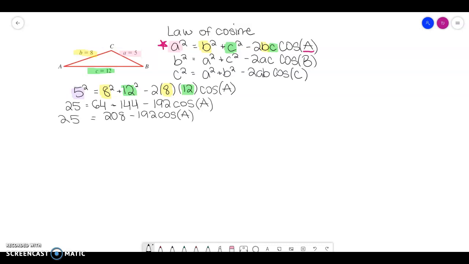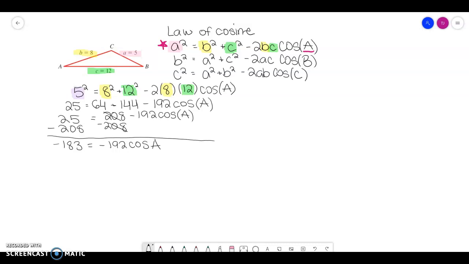If I want to get that 192 cosine of A by itself, I can subtract over my 208. When I take 25 minus 208, I end up with negative 183 equals, these simplify down to 0, so it equals negative 192 times cosine of A.